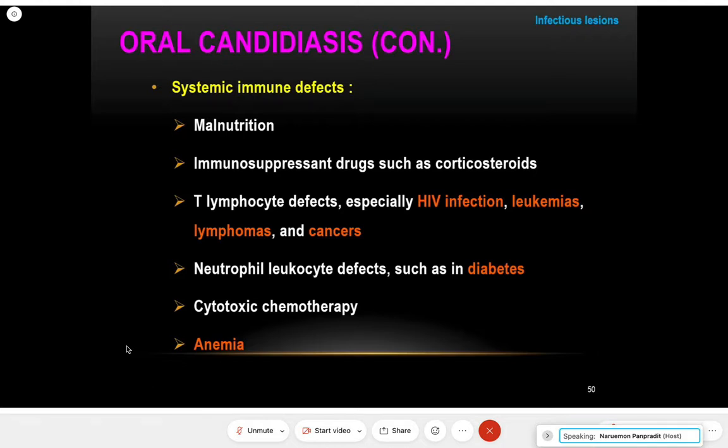One patient can have many factors, like dry mouth together with taking antibiotics. You have to ask about all of the factors to get rid of them for the perfect treatment.